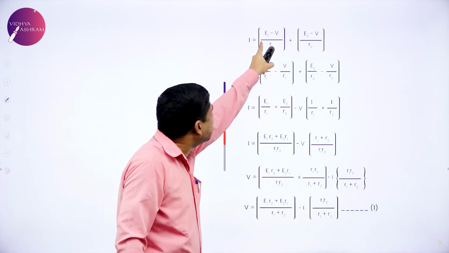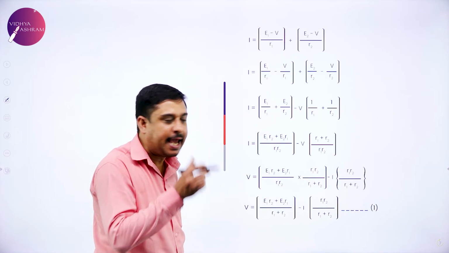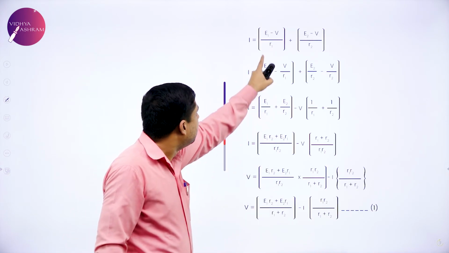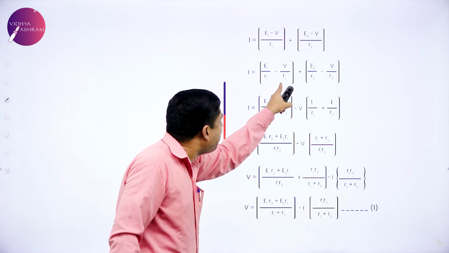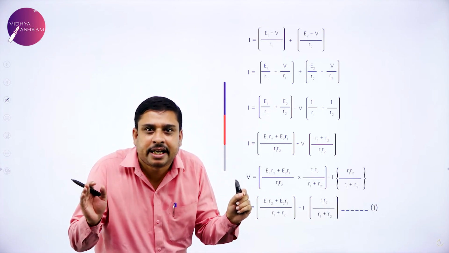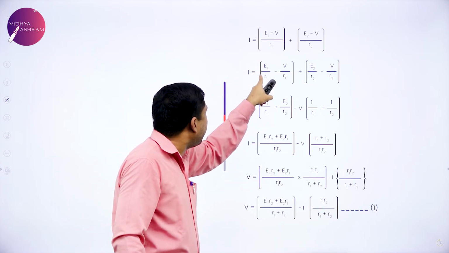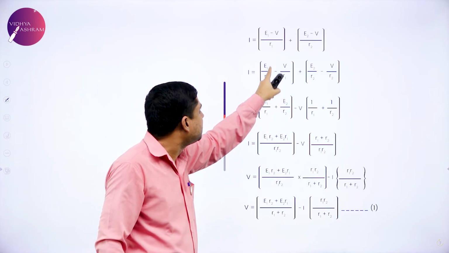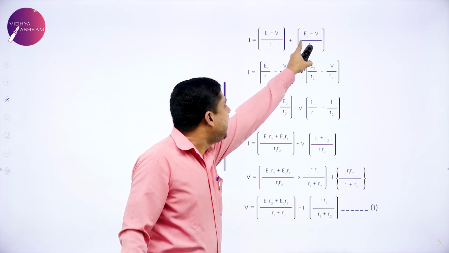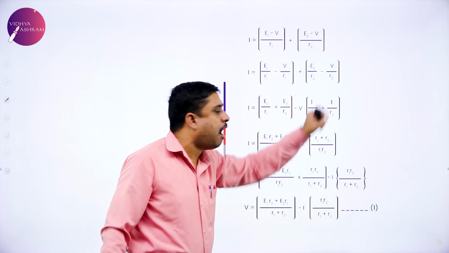I split the numerator to make simplification easy: E1 by R1 minus V by R1, plus E2 by R2 minus V by R2.